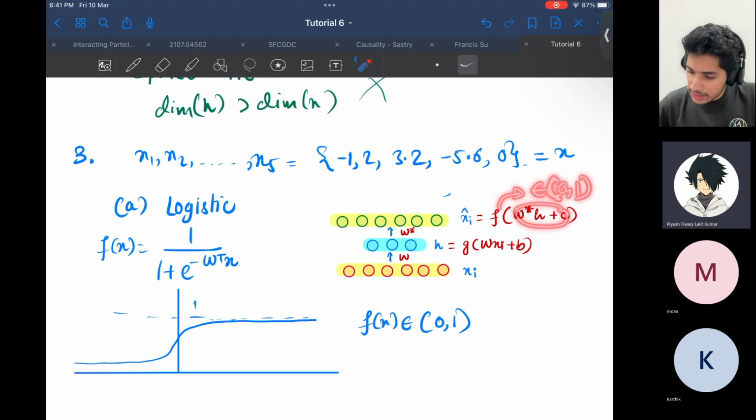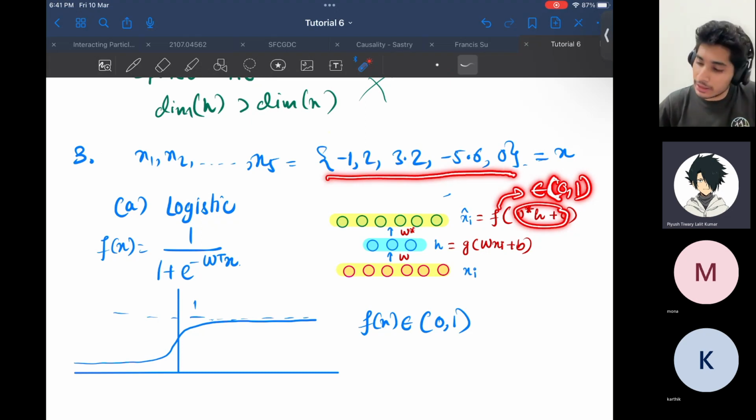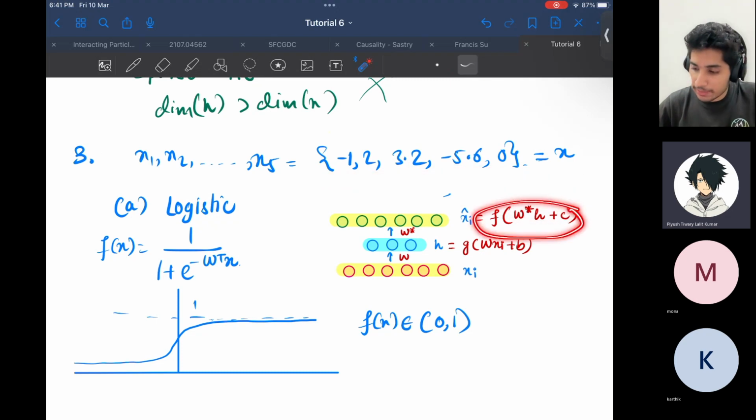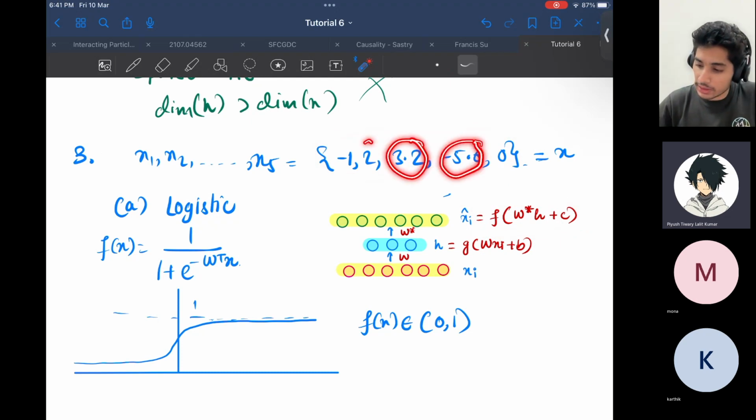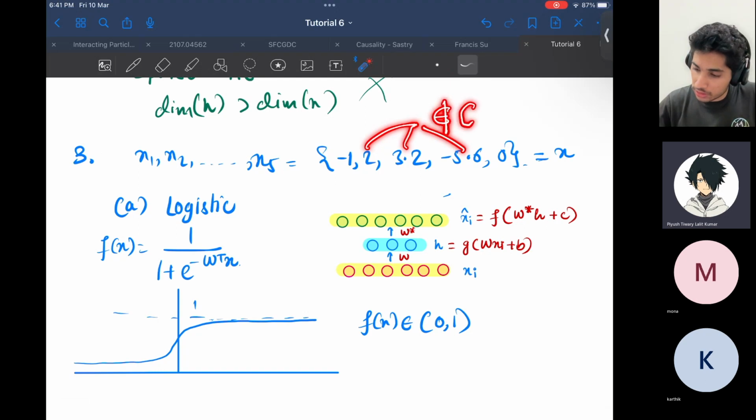So is my data between 0 and 1? This is the reconstructed data, right? If I'm reconstructing my data, then I should expect that the range of my reconstruction is the same as the range of my input data. However, we can see that the values here are like 2, 3.2, minus 5.6, and these do not lie in (0, 1), even minus 1.